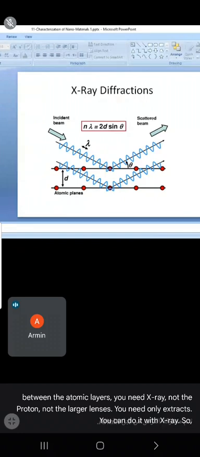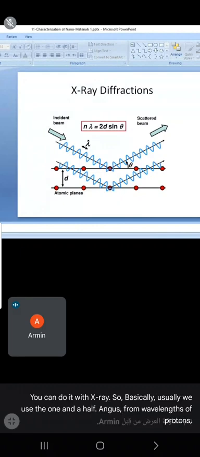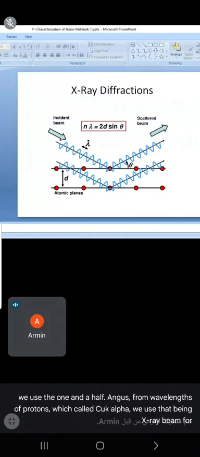So basically, usually we use the 1.5 angstrom wavelength of photons, which is called Cu K alpha. We use that X-ray beam for characterizing the material.